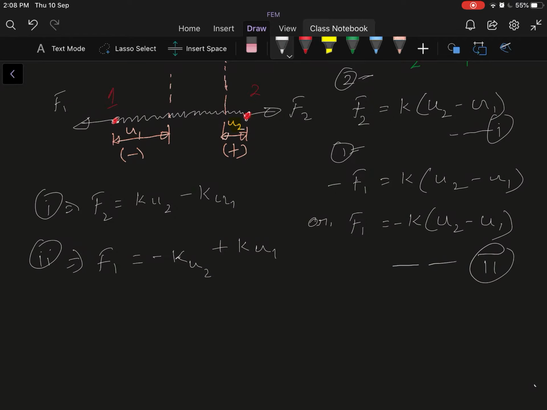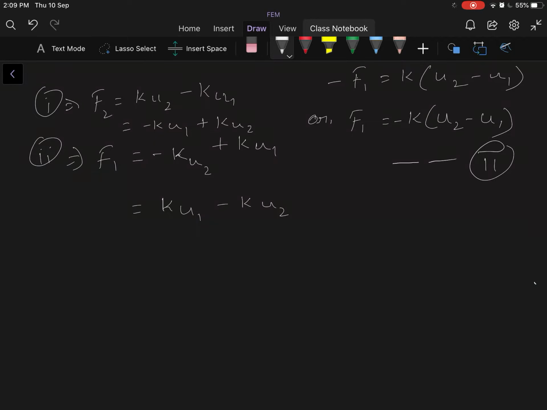If we rearrange the terms, then we can write it as F2 equal to minus K u1 plus K u2. Similarly, F1 equal to plus K u1 minus K u2. So these are the two equations for the forces at the two ends 1 and 2.